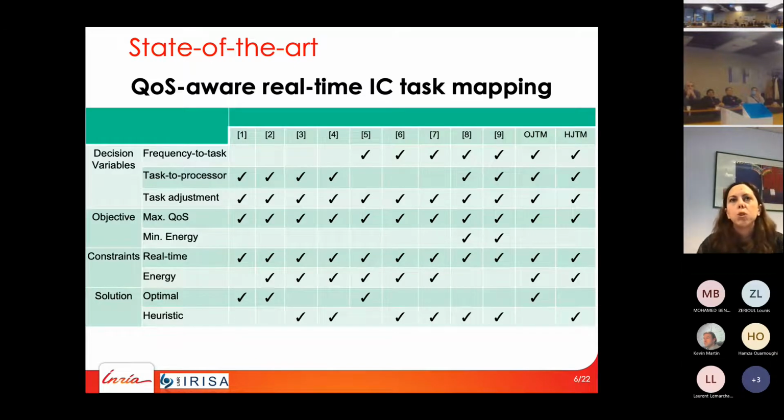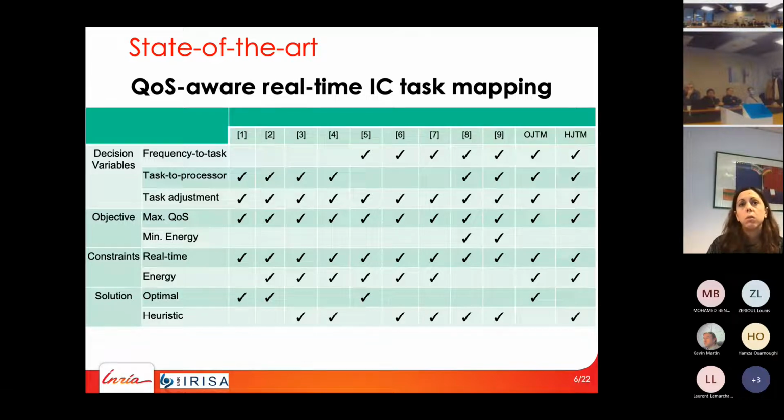Now, if I go a bit into more detail on what happens with the state of the art regarding the QoS-aware real-time imprecise computation task mapping, we can classify the approaches based on what we can see in this slide. Actually, we have what types of decision variables are taken into account. Do they decide the frequency to task assignment?